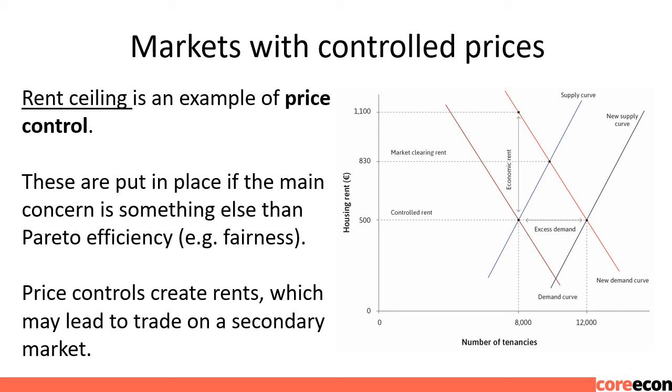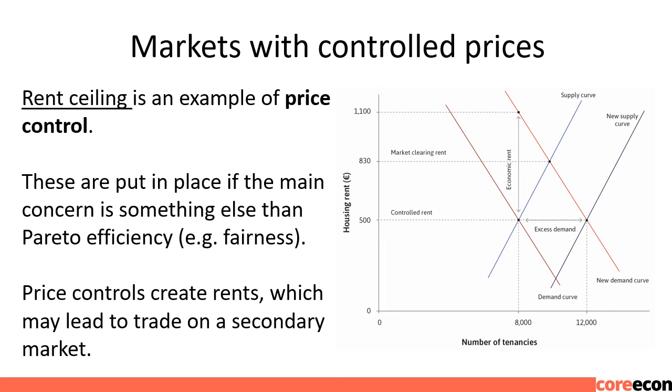In the graph shown, initially rent was 500 euro and 8,000 units were demanded and supplied. The market was cleared. Now if there is an increase in demand, new equilibrium price would be 830 euros, but if the government imposes a rent ceiling of 500 euros, this will cause a shortage of 4,000 units because at that rent 12,000 units are demanded but only 8,000 available.